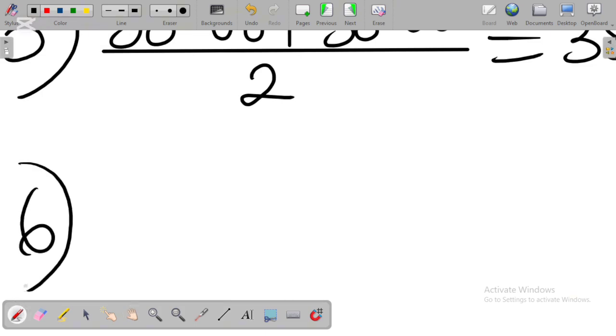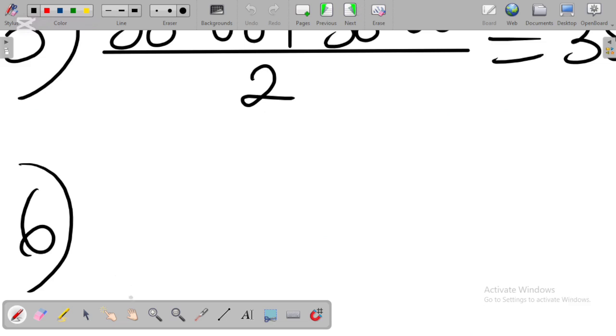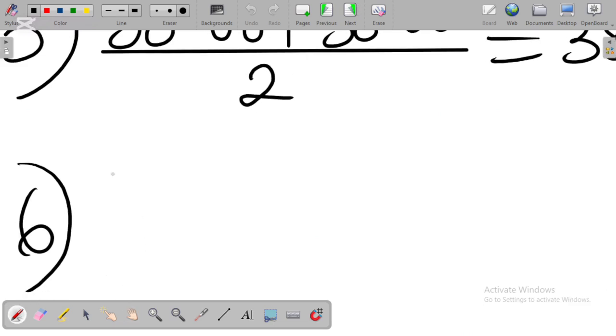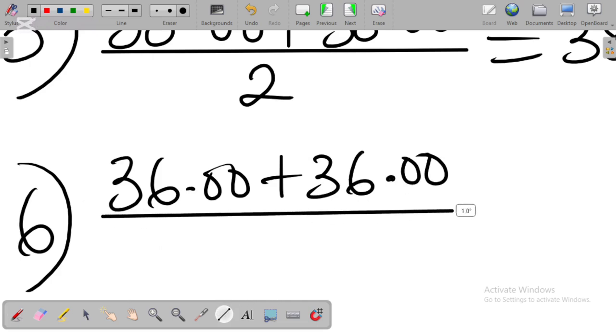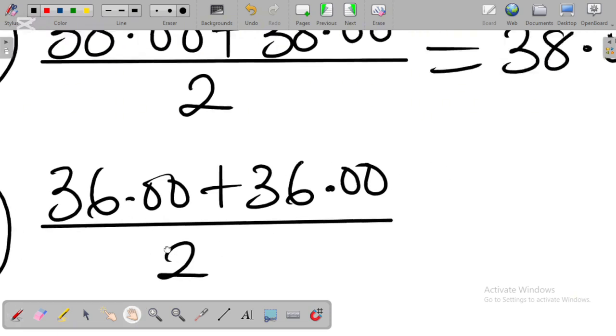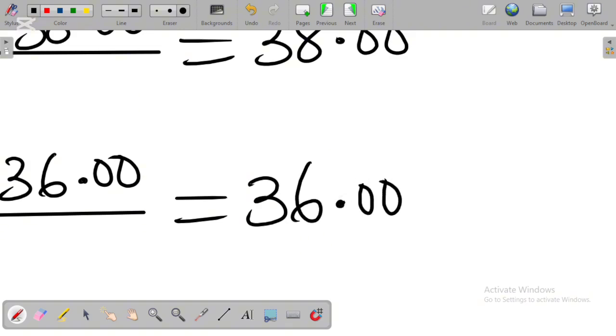So let's consider the sixth one. The sixth one here is 36.00 and 36.00. So we have 36.00 plus 36.00, all divided by 2. So if you punch your calculator, it would give you 36.00.